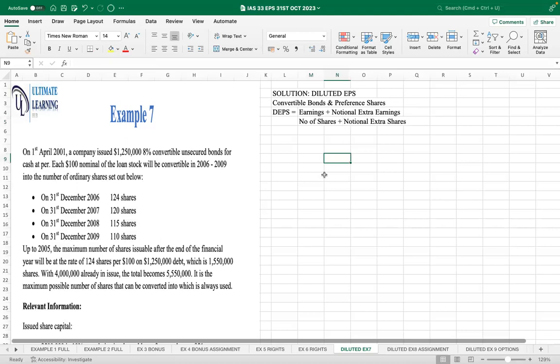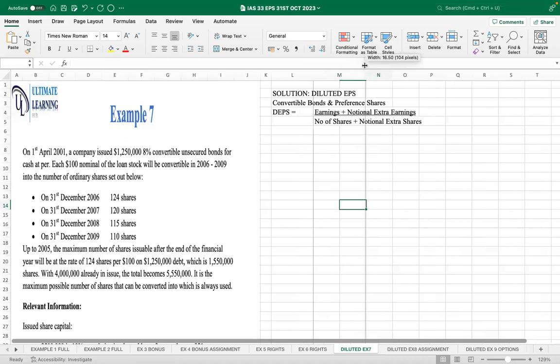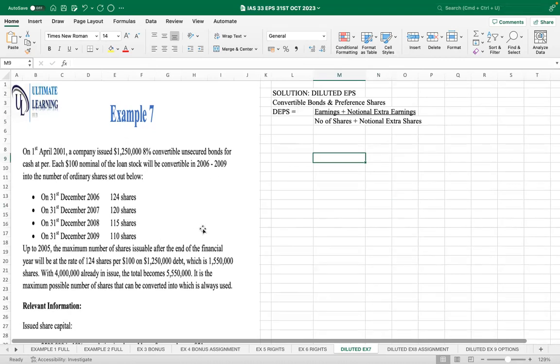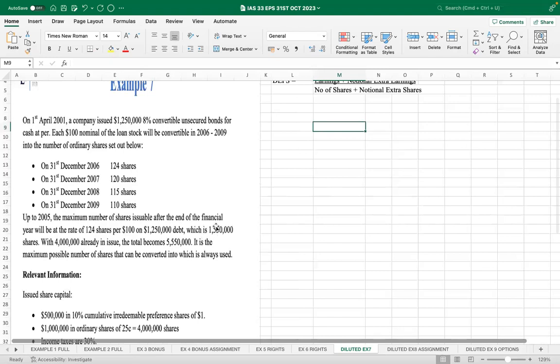Remember, the question is asking you, number one, calculate the basic EPS. Number two, calculate the diluted EPS. So let's not lose focus on that. Let's look at the question. First of all, sometimes you are not given the number of shares converted.